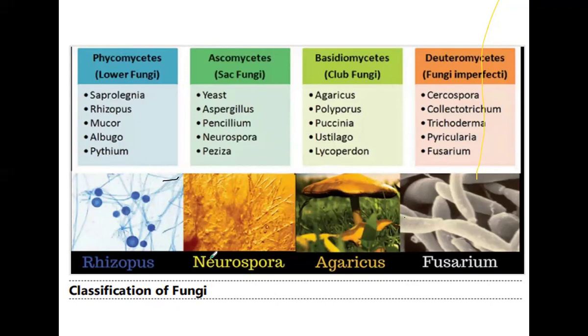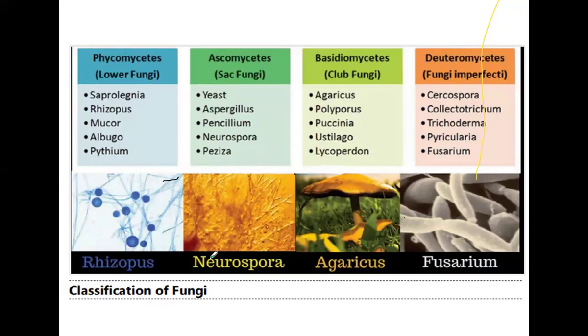That's why we call them phycomycetes. Those with sac fruiting bodies are grouped in Ascomycetes. If they have club-shaped basidia, they are grouped in Basidiomycetes. If they don't have any perfect state, they are grouped in Deuteromycotina.